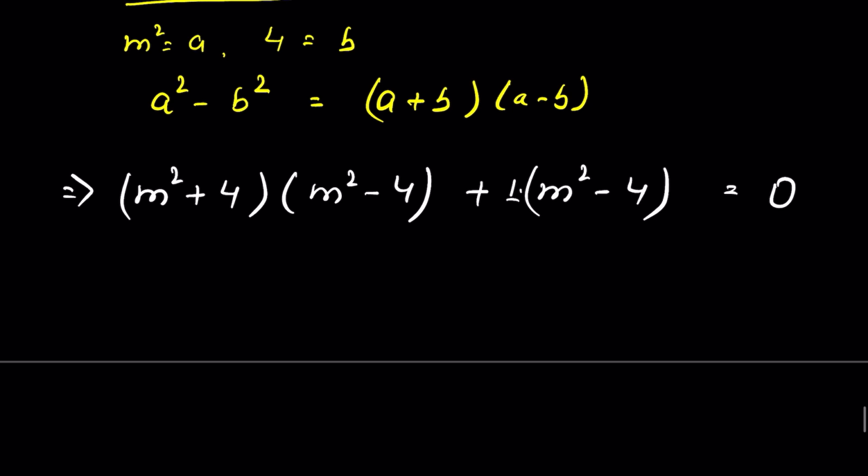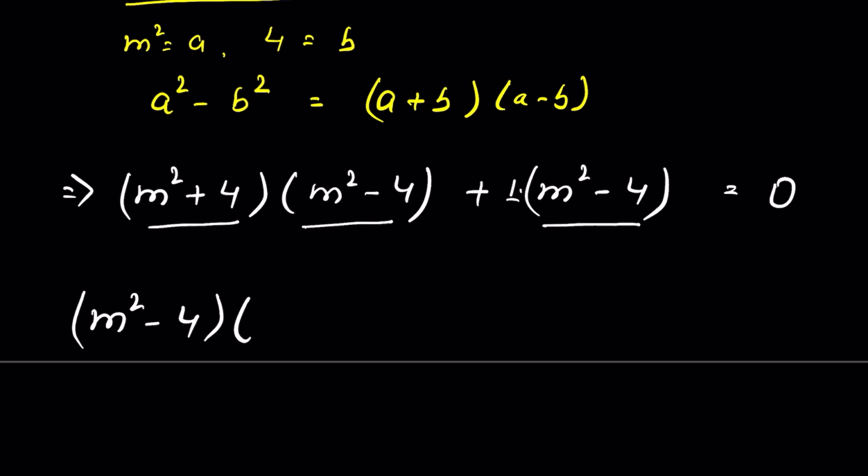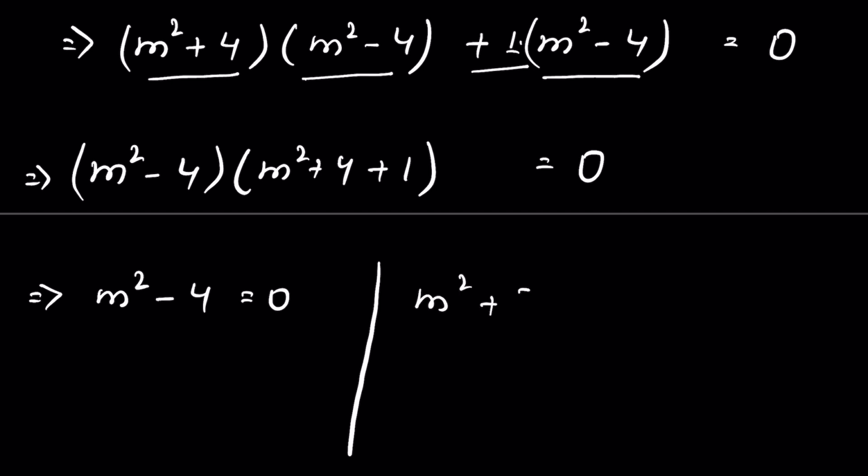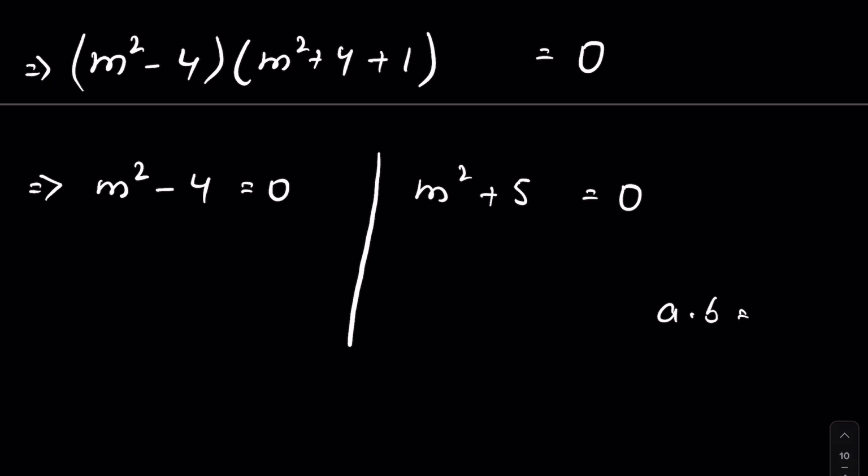Now you can see that m square minus 4 is the common factor, so we can write m square minus 4, and then the remaining factors are m square plus 4 plus 1 is equal to 0, or m square minus 4 is equal to 0, or m square plus 5 is equal to 0, because when a times b is equal to 0, then either a is equal to 0 or b is equal to 0.